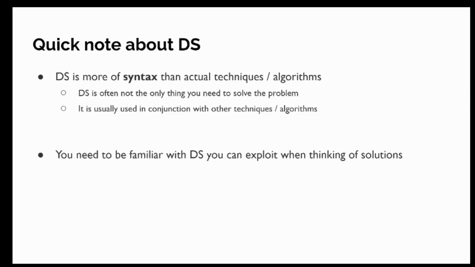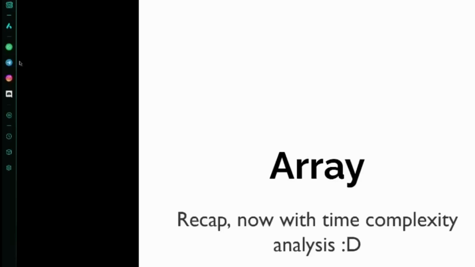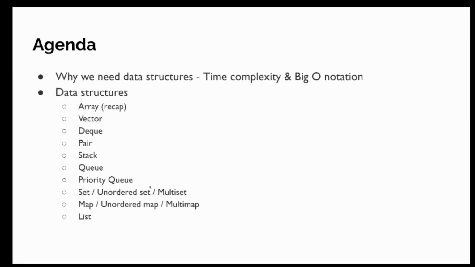So what do I mean by this? Let's look at these. If we go back to the front page, you'll notice that there's actually a lot of different data structures in C++. Why? Because C++ is actually a very fast language. So all of our data structures have their own unique points.